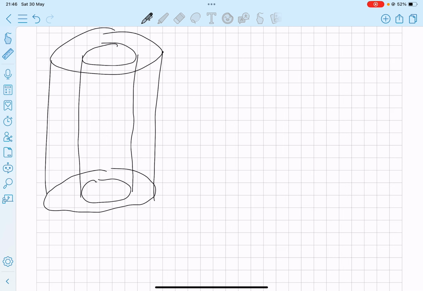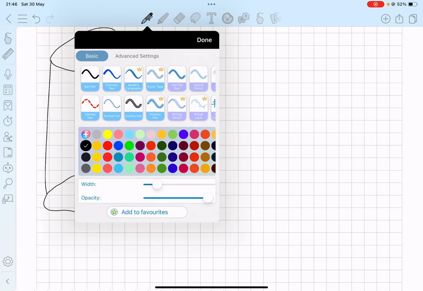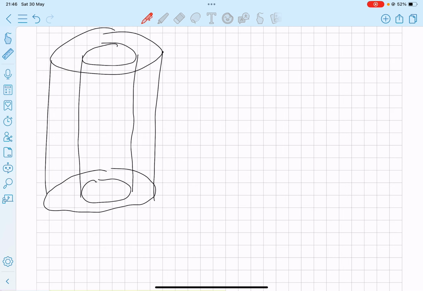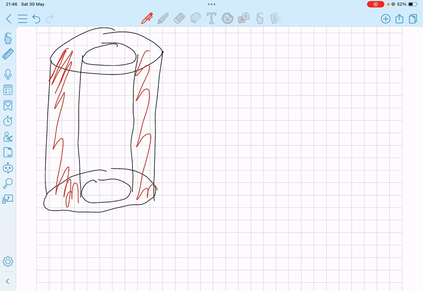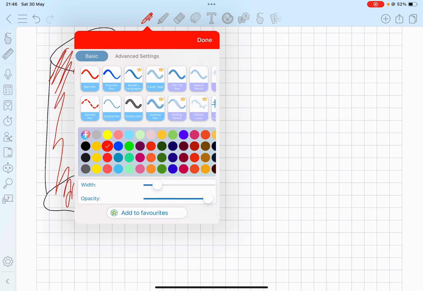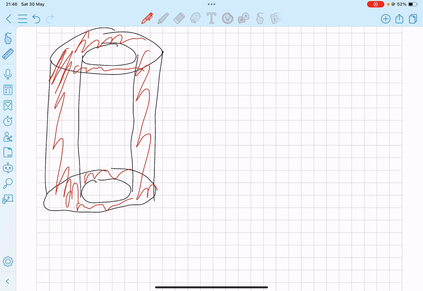So how can we find the volume of the outside part over here? We don't consider the volume inside the smaller cylinder.